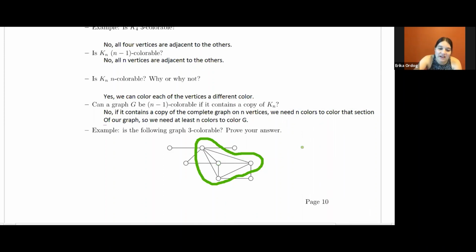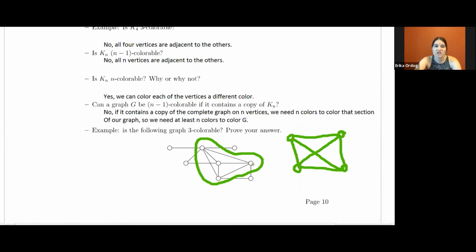And what will it look like? It will look like this. So what is this? This is K4. It's the complete graph on 4 vertices where each vertex is adjacent to all of the others.